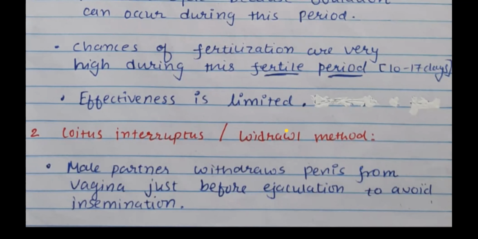These two terms should be clear in meaning, ejaculation and insemination. Insemination is the deposition of semen in the female genital tract, and ejaculation is the liquid part that comes out of the male penis at that time.